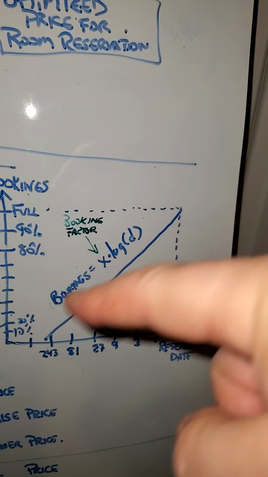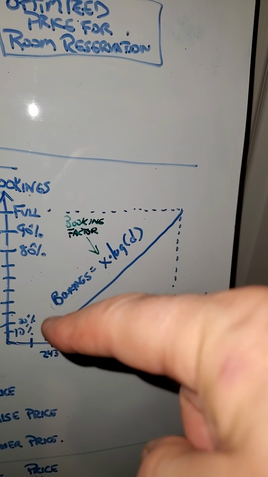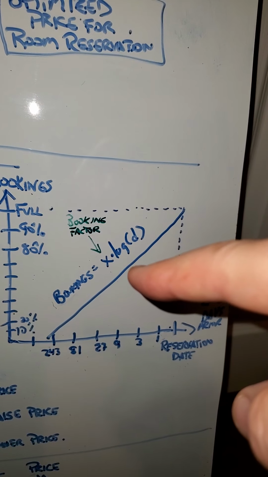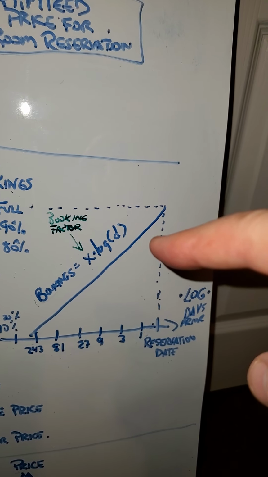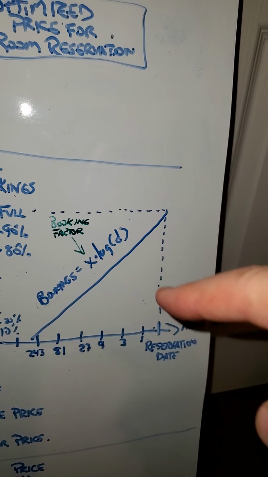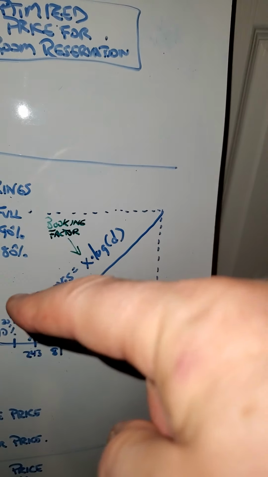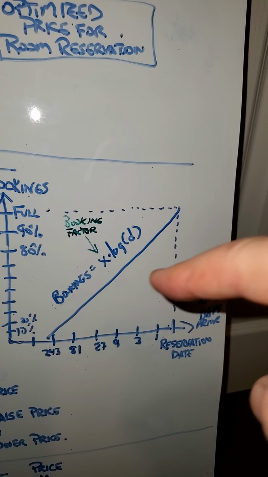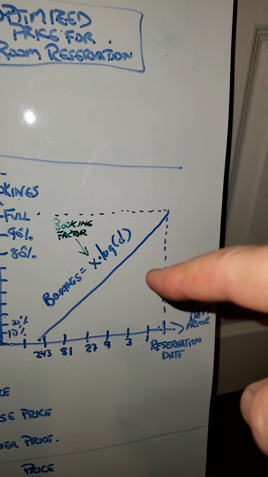I don't think we would never want to lower prices. There is a possibility: you raise prices and then it goes straight across and gets in the lower part here, and then we'd lower prices to bring it back up. So this triangle here in the bottom is where we lower prices, and this triangle here in the top is when we raise prices. The only time you would raise a price and then lower a price is if it crossed over into this other triangle.